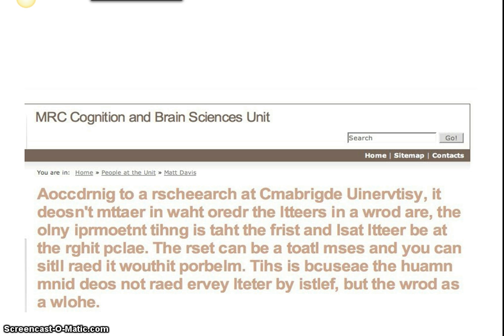The only important thing is that the first and last letter be at the right place. The rest can be a total mess, and you can still read it without problem. This is because the human mind does not read every letter by itself, but the word as a whole. Again, this slide demonstrates the concept of Gestalt, or the urge to organize into a meaningful whole.